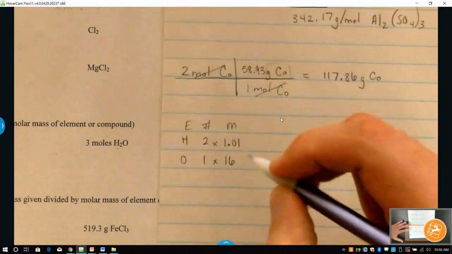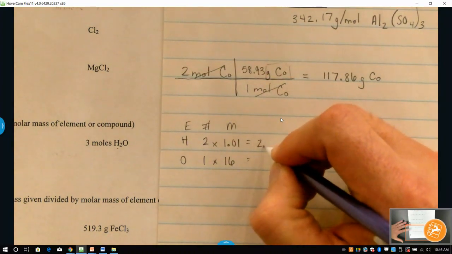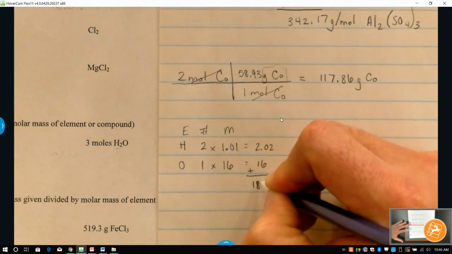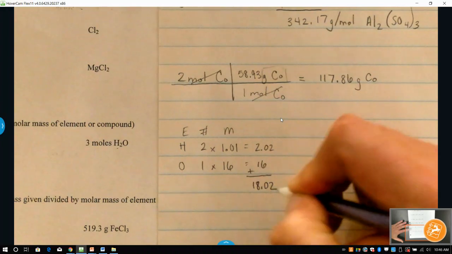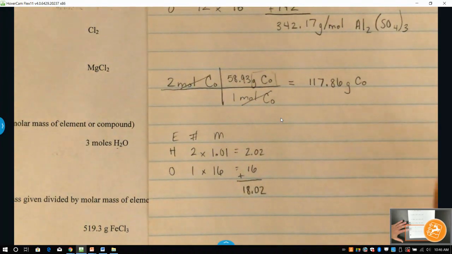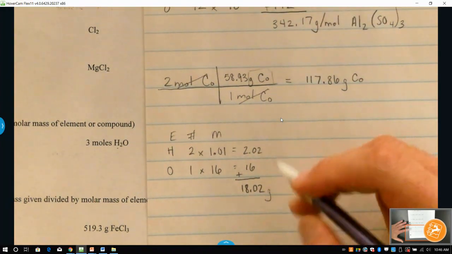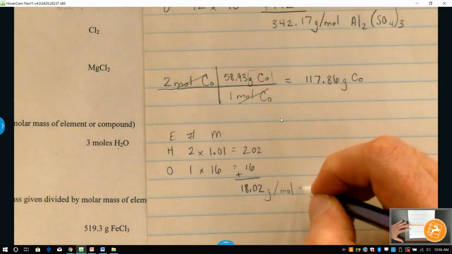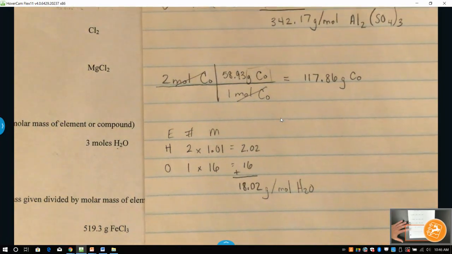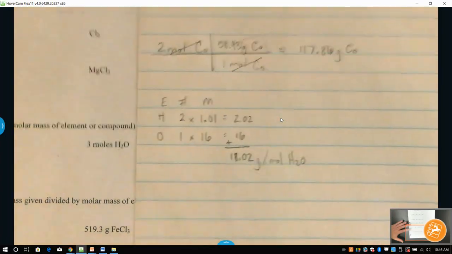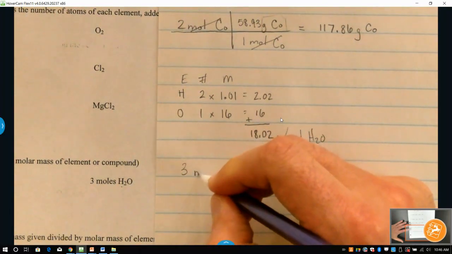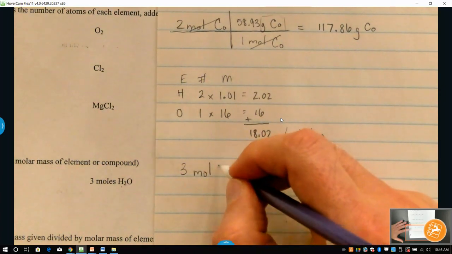You multiply the number times the masses, 2.02 and 16, add them together, we get 18.02. That is grams per mole of H2O. So I needed to do that first. Once I know what the molar mass is, now: moles given, moles of H2O.